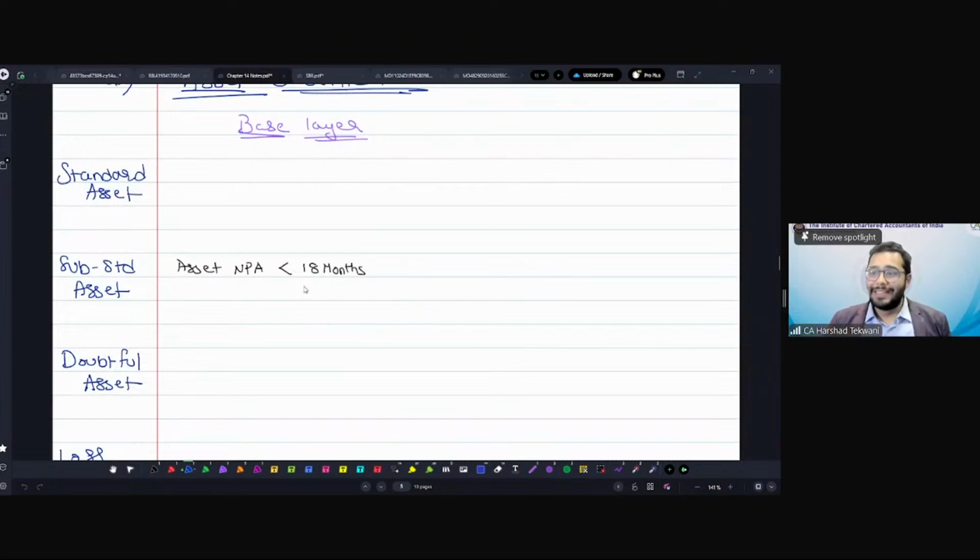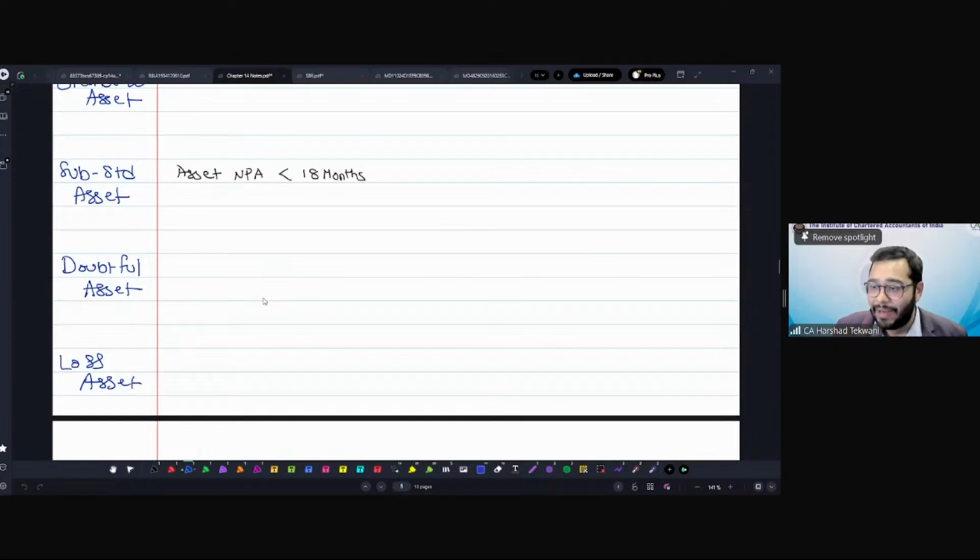Now we'll go to the asset classification again. When I said asset with respect to the NPA, if an asset is an NPA for less than 18 months, it is a substandard asset. Now comes the different kinds of assets. What is a doubtful asset then?